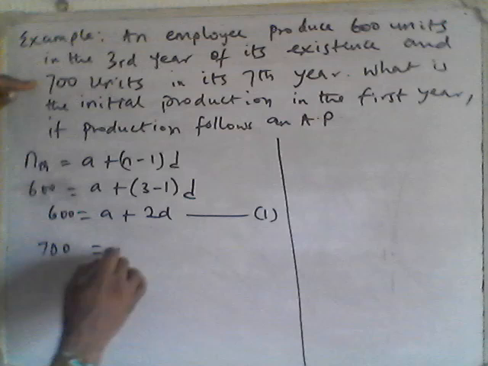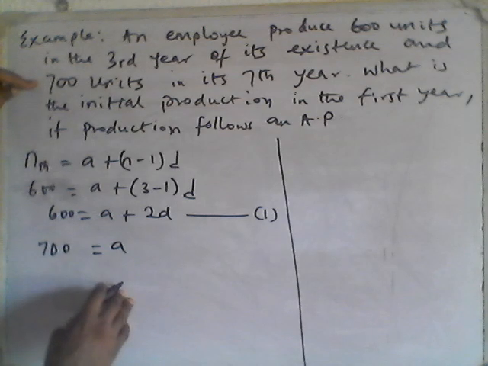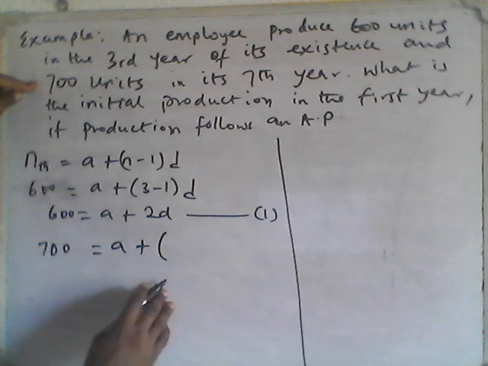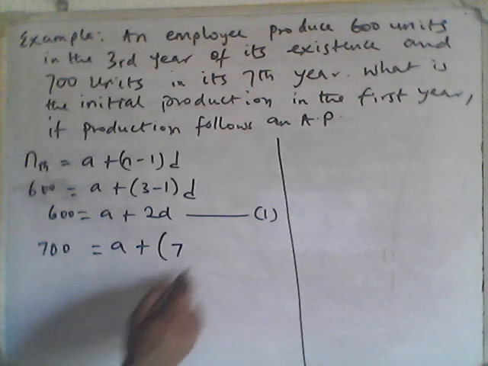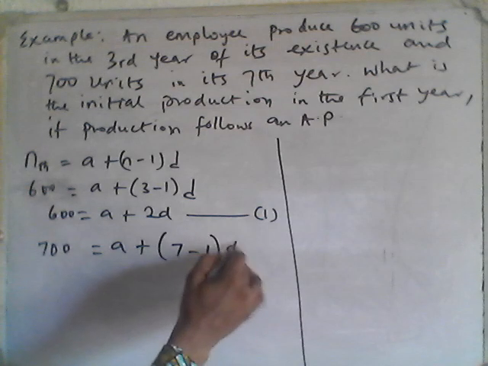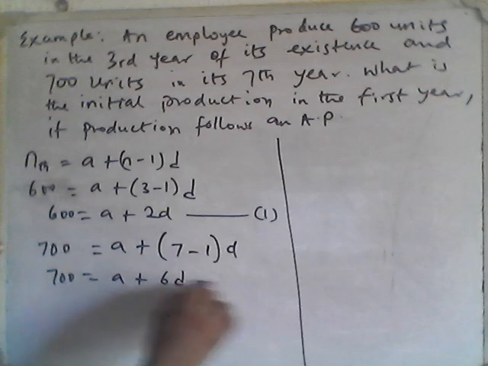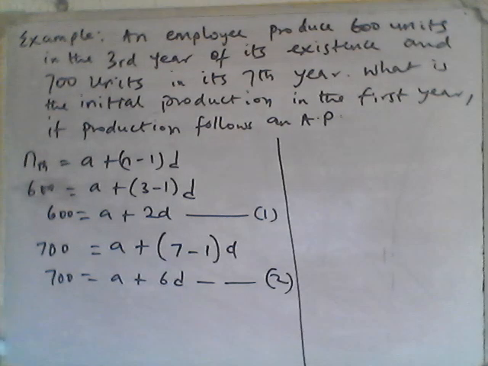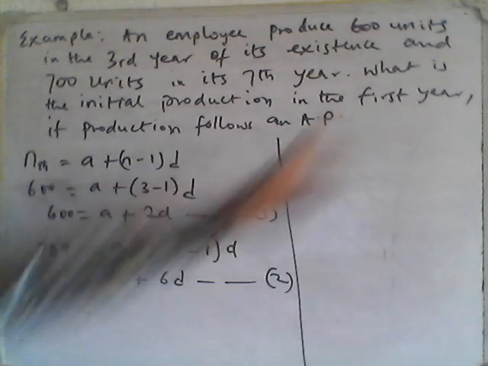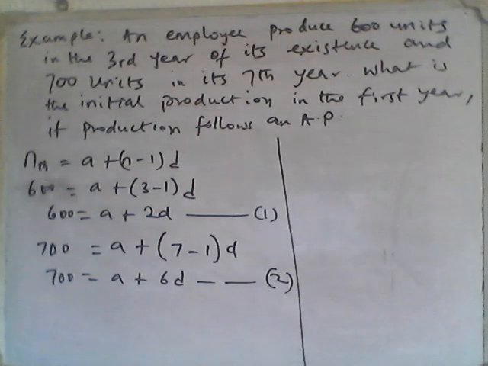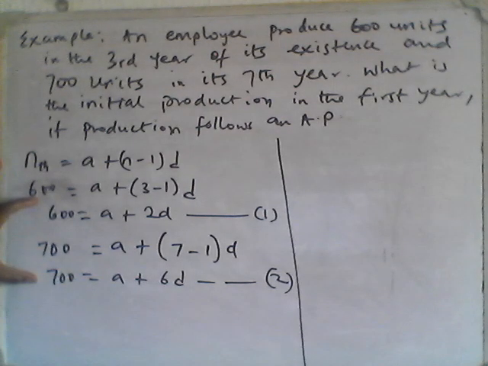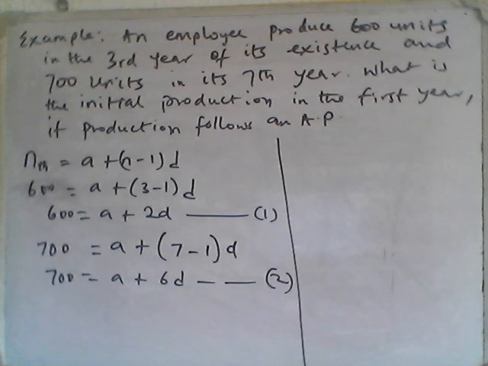This is equal to A, still having the same first term because it's a series, plus the number of terms, which is 7 because it's the seventh term, minus 1, then D. So if I simplify, 700 equals A plus 6D, equation 2. Now, my goal is to find the initial production number. So I'm going to have two equations here, and solve simultaneously to get A, which I'm looking for.